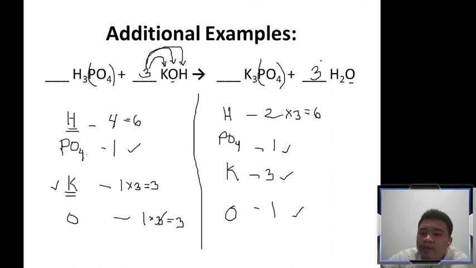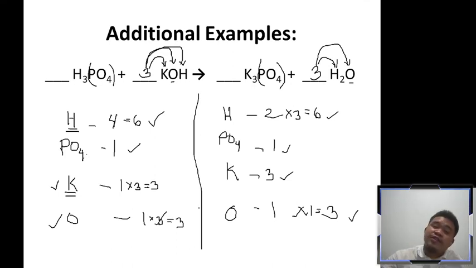But I am not only distributing it to hydrogen. Since it's a compound, I should also distribute it to oxygen. You have to remember that. So my oxygen here, 3 times 1, is now 3. And as you can see, by doing just a little bit of tweaking, I already balanced hydrogen and oxygen in this case. And I think the rest of the equation is already balanced. Okay, so this is understood.